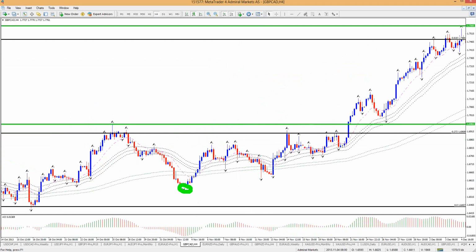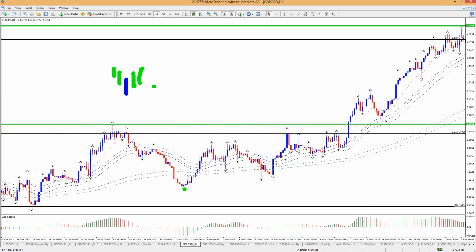What it basically means is this candle's low, because the fractal is below the candle, is lower than 2 candles to the left and 2 candles to the right, at minimum. Of course, there could be more, but at minimum, there are 2 candles to the left and 2 candles to the right. Everywhere where you see a fractal below price means that that particular candle low is the lowest of those 5 candles, the group of 5 candles.